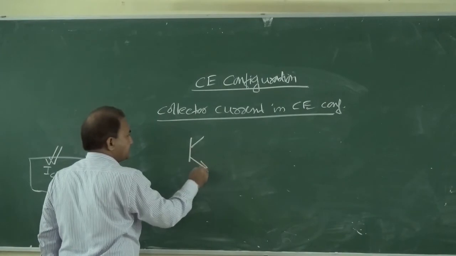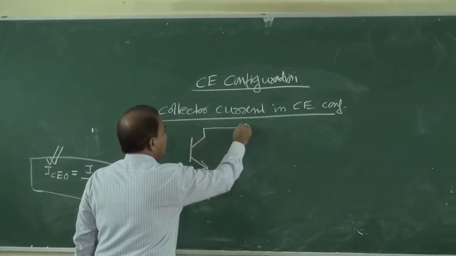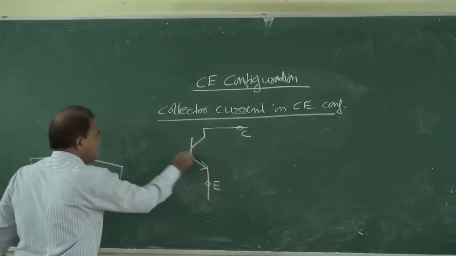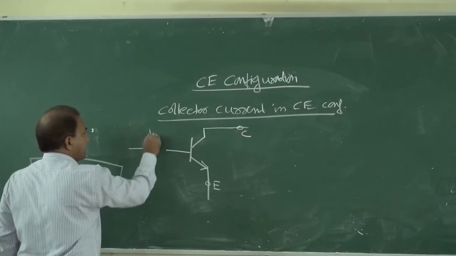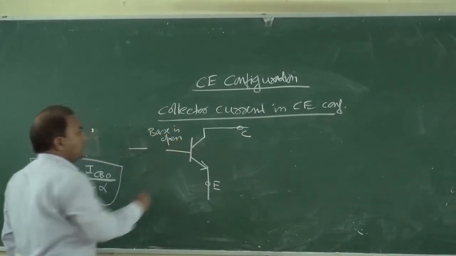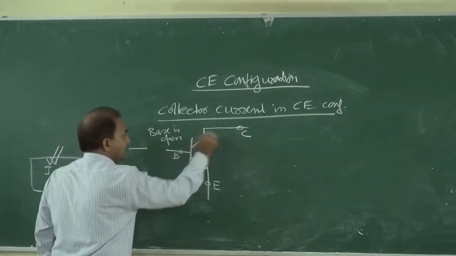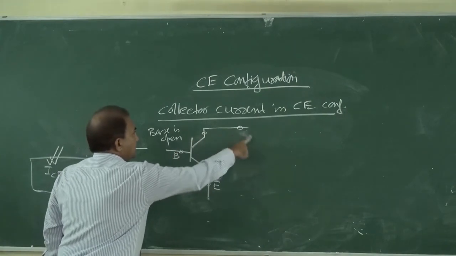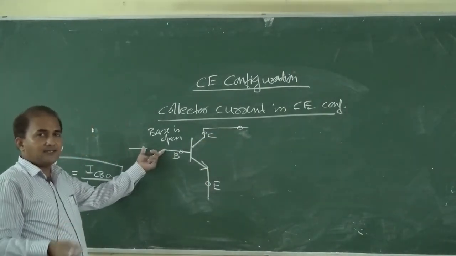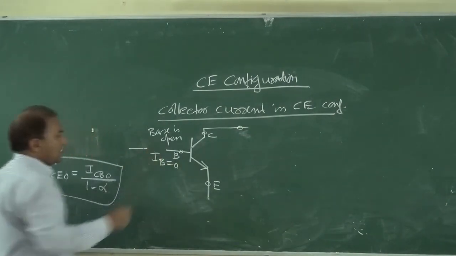Suppose this is an NPN transistor in common emitter configuration. This is the collector terminal, this is the emitter terminal, and the base is open. If the base terminal is open, then IB is equal to 0.